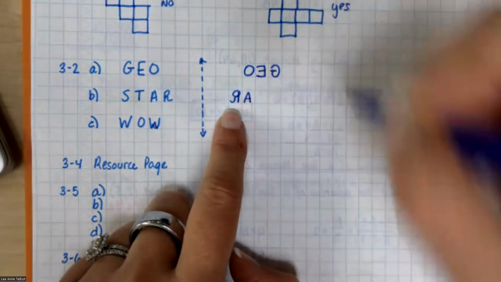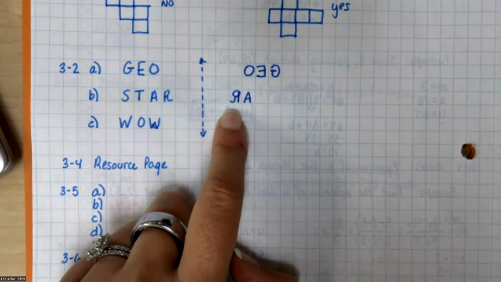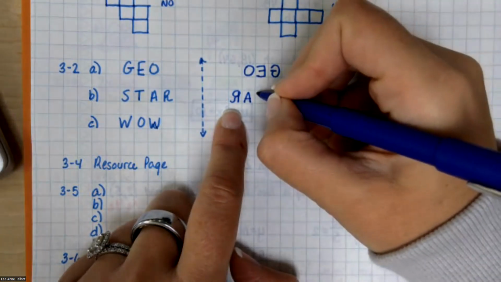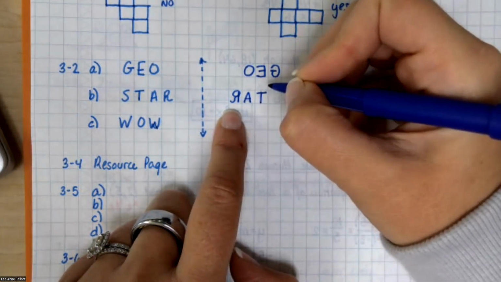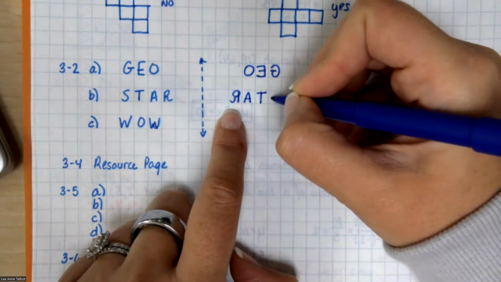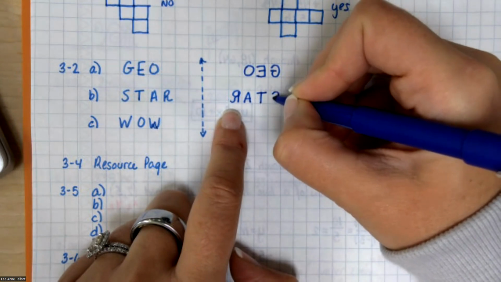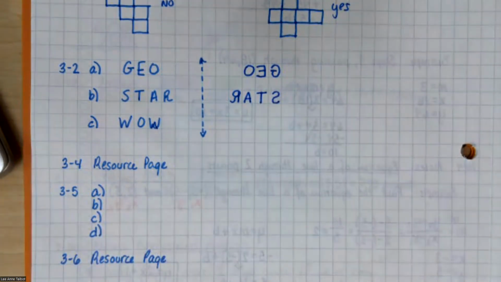Why is A easy? And also T. They're already symmetric, right? So that feels weird. How'd I do? I think I did okay.